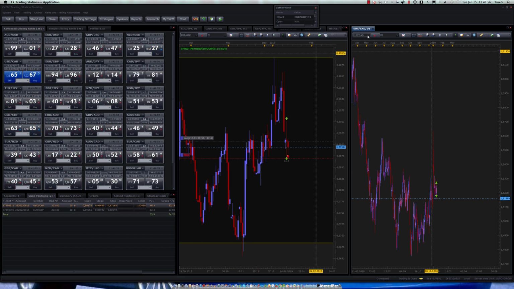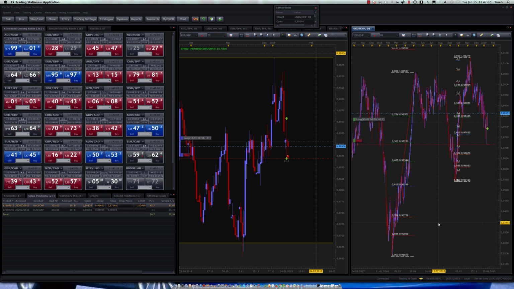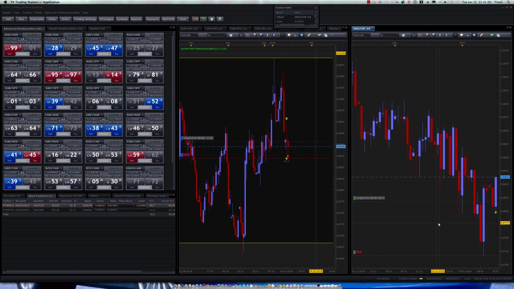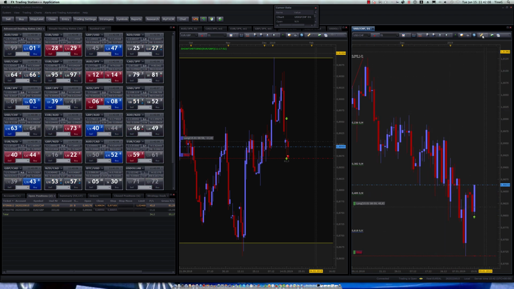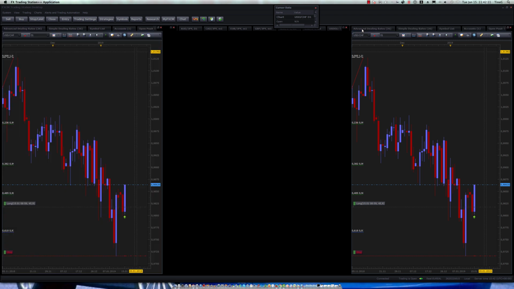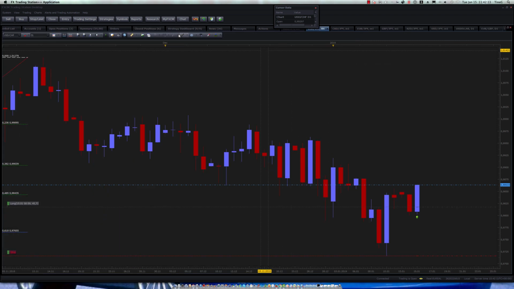This was Euro Pound. This was dollar Swiss. Right. So what we can do, if you like, we can draw a trend line.